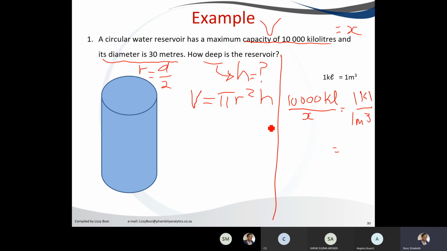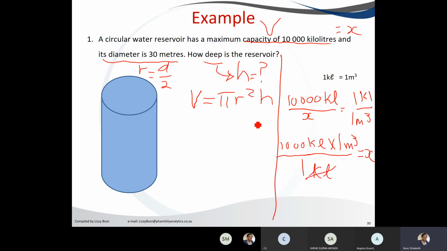So our x will be the same as 10,000 kiloliter, multiply, not divide, but multiply by 1 meter cube, equals to x, this side, and divide by 1 kiloliter.